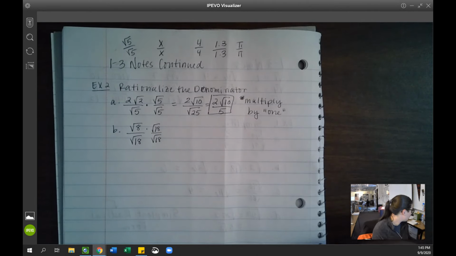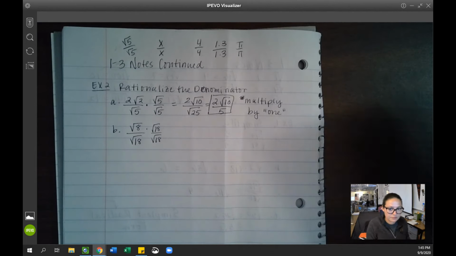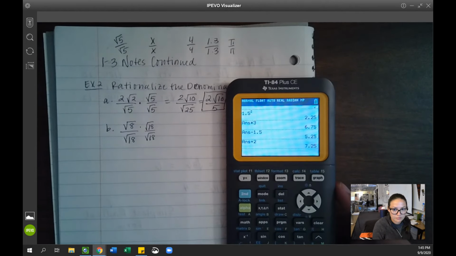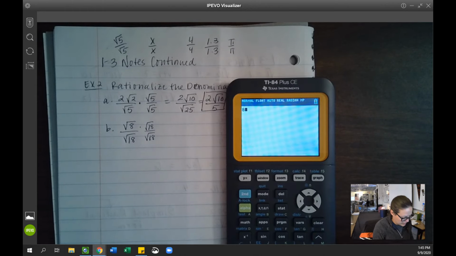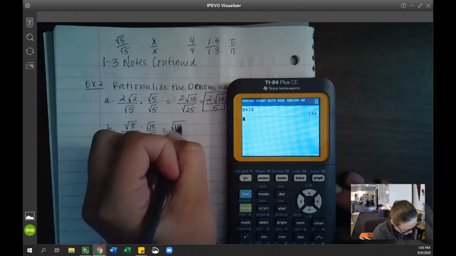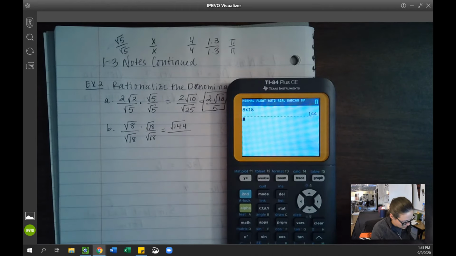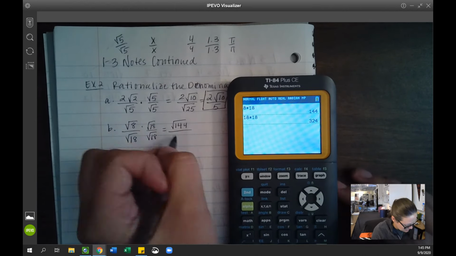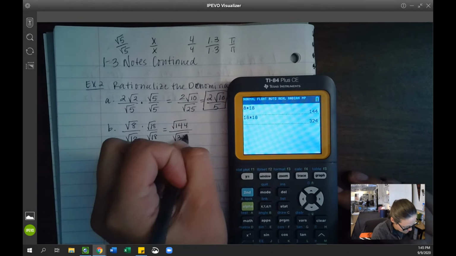Now, if I grab my calculator, I'm going to do 8 times 18. So I have the square root of 144 over 18 times 18, the square root of 324.